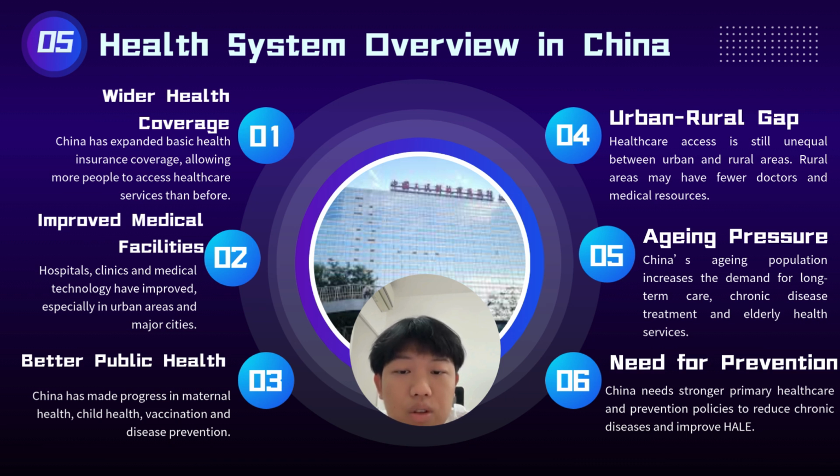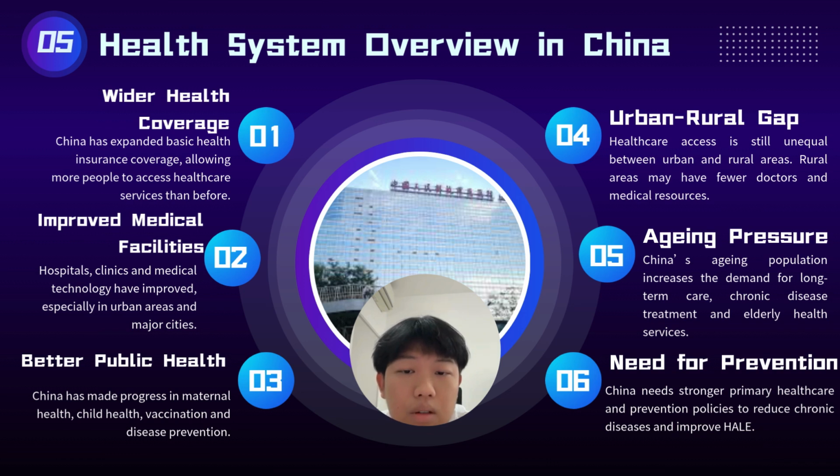The aging population increases demand for long term care, chronic disease treatment, and elderly healthcare services. Third, China needs stronger prevention. Primary healthcare and prevention policies are important to reduce chronic diseases and improve HALE.